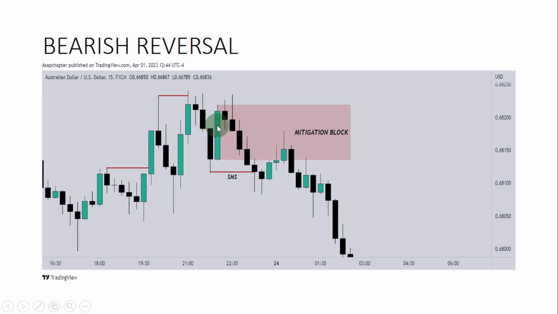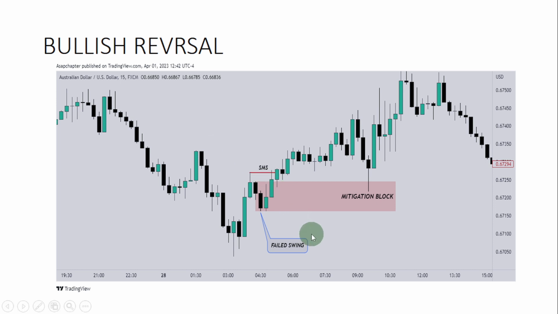Okay, so let's look at a bullish scenario. For a bullish scenario, prior to the reversal here, we were bearish. We break structure here, pull back, break structure lower, pull back. After the pullback, we expect that we come down to break structure here so that we continue making lower lows, right?